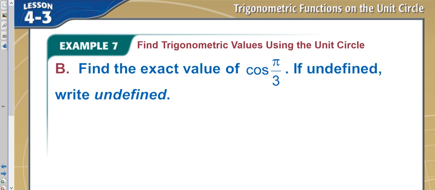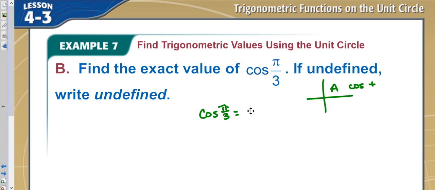Let's try another one. Now this is in the first quadrant because it's already in reference angle form. Everything's positive in the first quadrant. So all are positive, and cosine is a part of all, so it's going to be positive. So pi over 3. Take our hand, we go pi over 2 for the thumb. Pi over 3 is our index finger. So cosine of pi over 3, I bend my index finger.